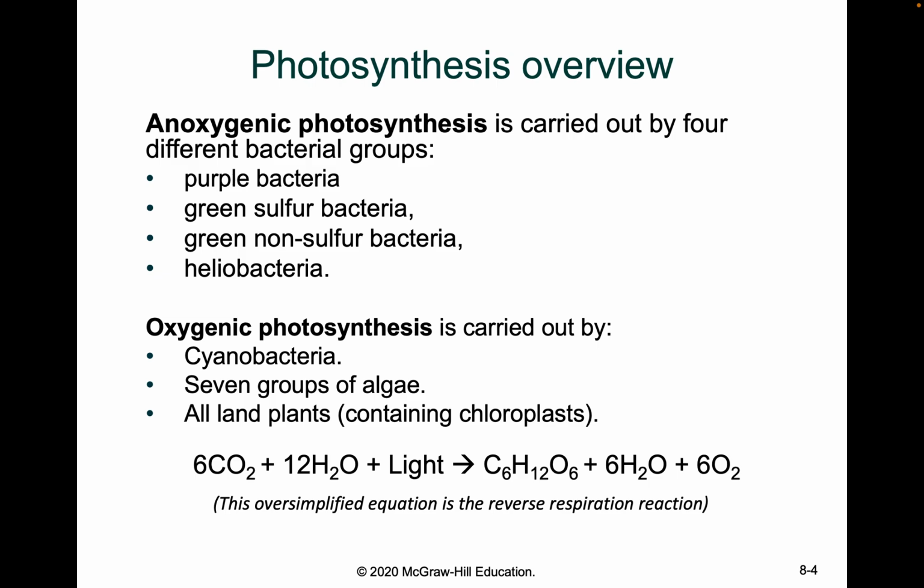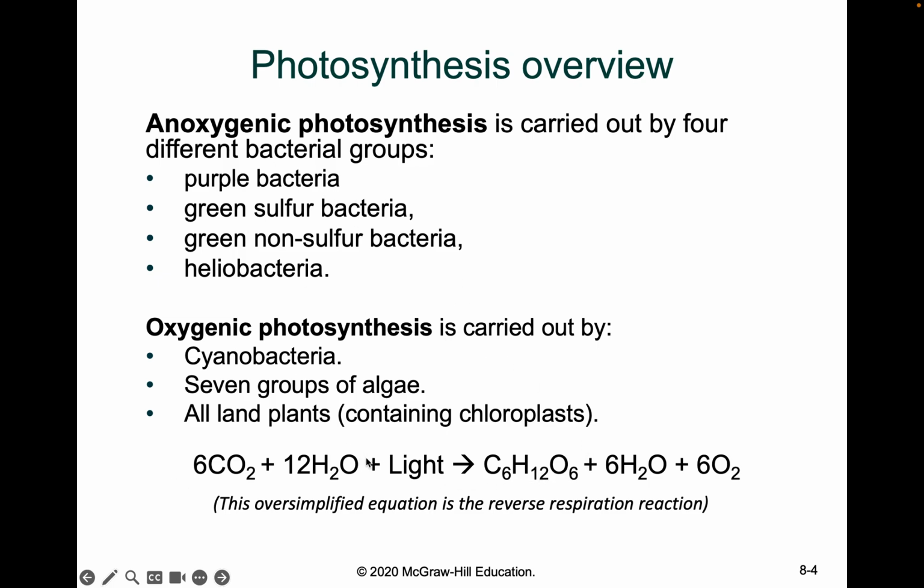Land plants live in atmospheres that are rich in oxygen, and they use water. These other guys live in areas that are not rich in water, so they need other means to create glucose, because here they use water while there they use something else.